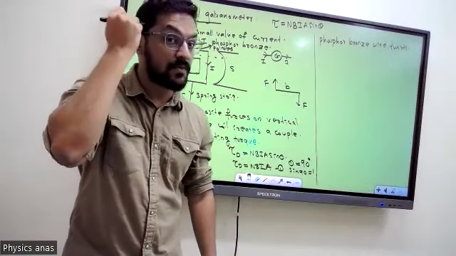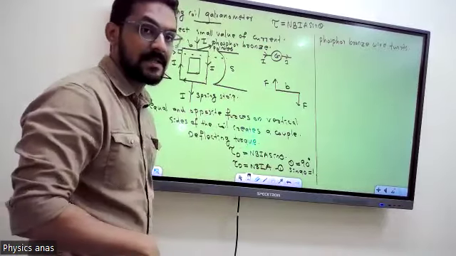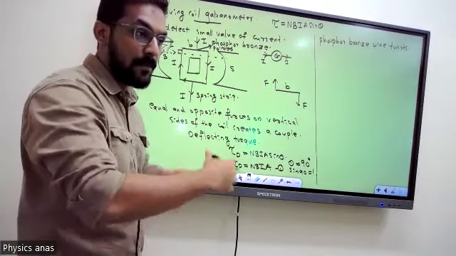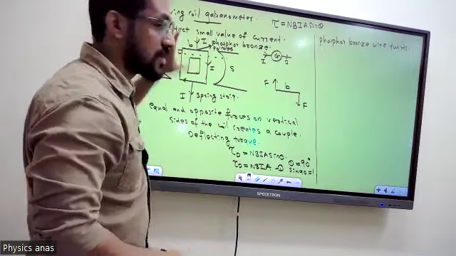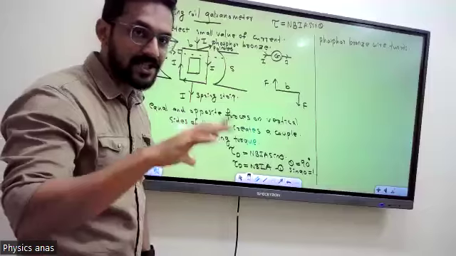If the phosphor bronze wire twists, there will be an opposite torque created in it.